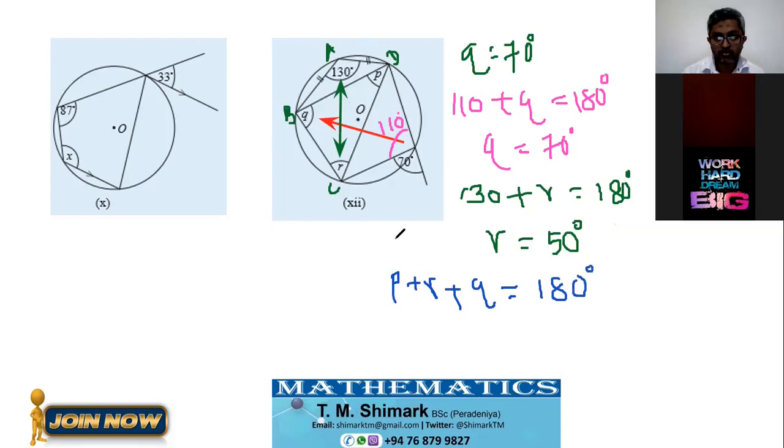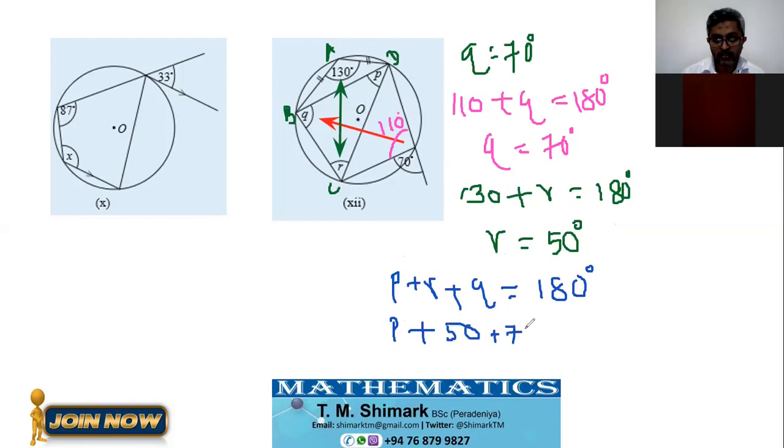Q we know is 70, R we know is 50, so P we can find. 50 plus 70 is 120, which goes to the other side. 180 minus 120 means 60. P is going to be 60.